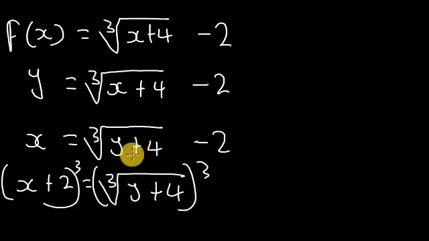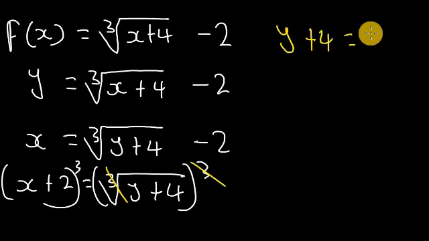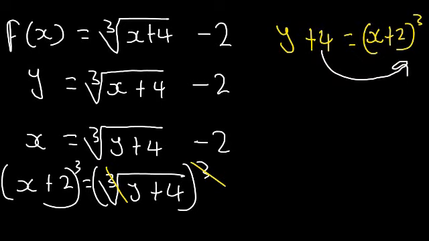So on the right, the cube will get rid of the cube root, and I'm going to be left with y plus 4 equals x plus 2 all to the power of 3. Then finally, I can bring the positive 4 to the other side, or I should subtract 4 from both sides.